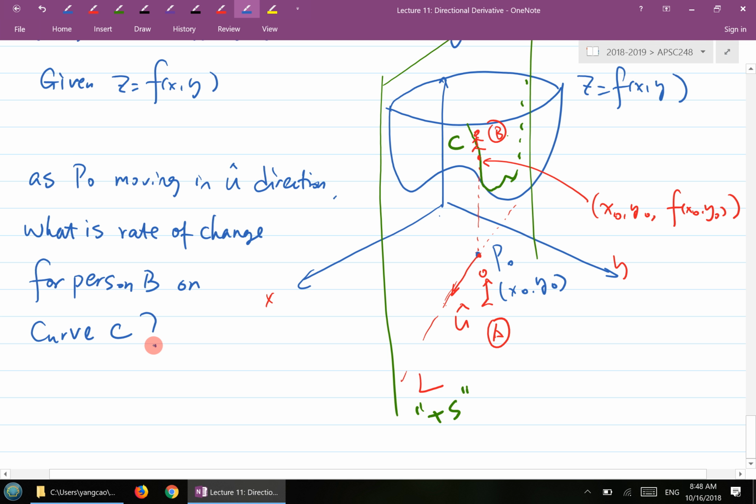So that's basically the directional derivative concept, and this is the idea of what we call the directional derivative.